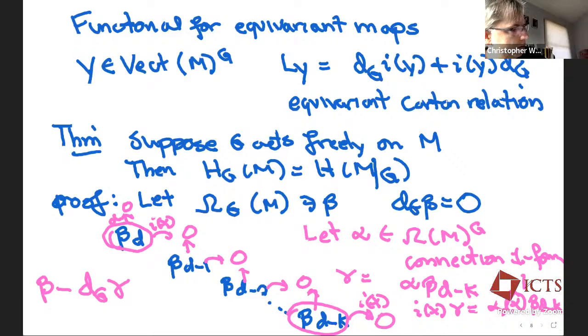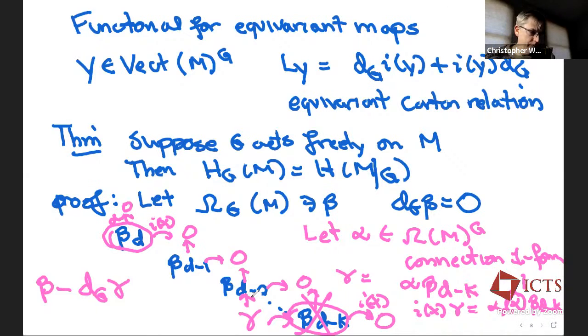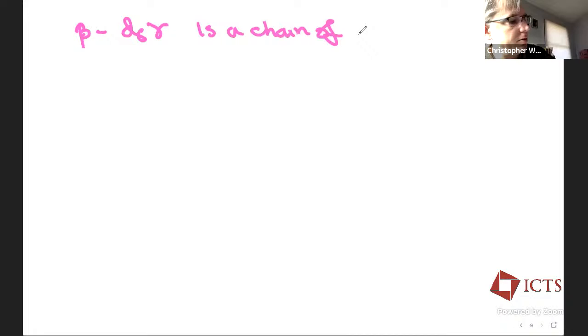So if I subtract off dG of gamma, that's going to kill this last part in the chain. It's going to change the next to last part, because the d of gamma is going to be non-zero. But then just by induction, now I've lowered the degree. Beta minus dG gamma is a chain of smaller length.